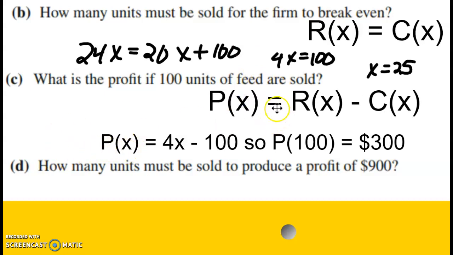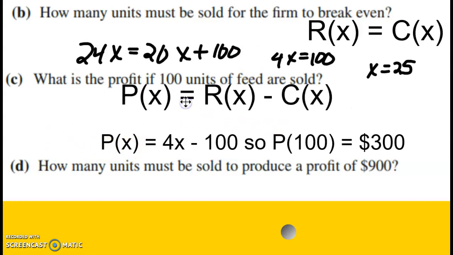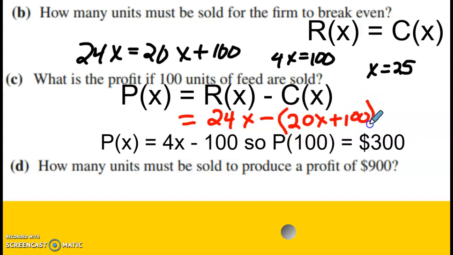The way I found that was I took the revenue, which is 24x, and I subtracted the cost function. Make sure you subtract the cost function in parentheses, okay? 20x plus 100. And then when I distribute my negative through, I take 24x minus 20x. That gives me my 4x.